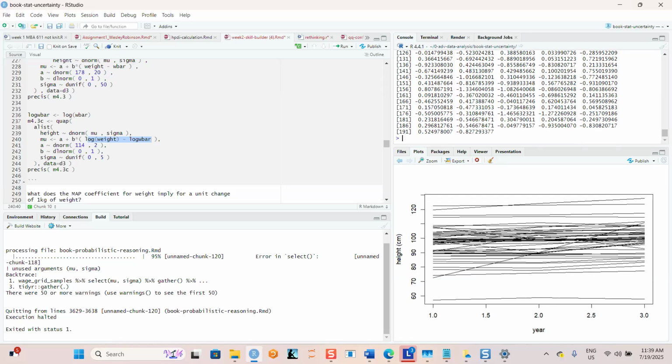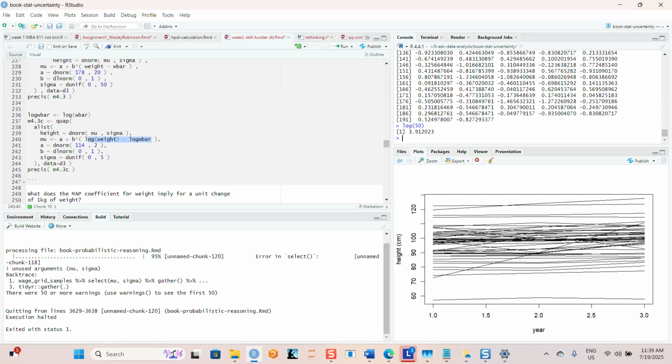So then the question becomes, what is B relative to weight? And the answer to that is log B, or log 50 in this case, is 3.91, would be the equivalent B value for using raw weight.